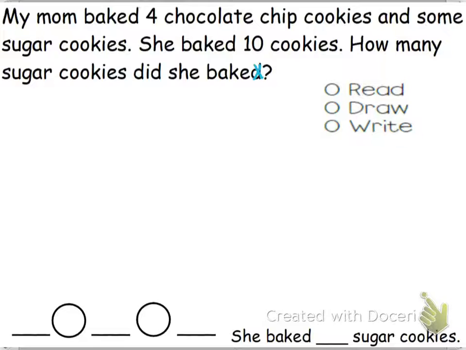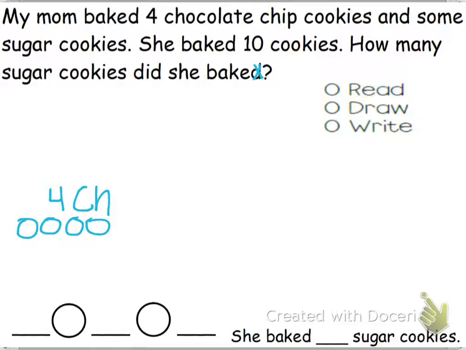So that's my mom baked 4 chocolate chip cookies. Can I draw something? I sure can. I can draw the 4 chocolate chip cookies. I'm going to put a 4. CH for chocolate chip. They both start with that CH. You could just do a C. That's fine too.